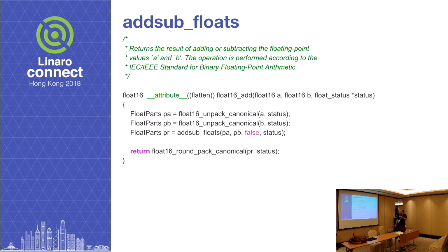So this didn't actually turn out to be too big a problem to solve. I discovered my new favourite GCC attribute. This is the flatten attribute. What flatten does is it says every function that this function can see in scope that's included should be inlined.